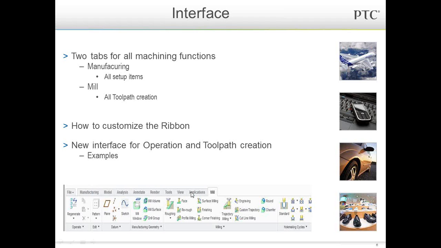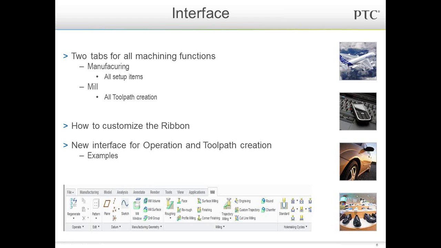And underneath those tabs will be tools specific to that tab. And when you're talking about the manufacturing side of it, you will have the Manufacturing tab, which is all of your manufacturing setup, right? So it's operation creation, tools creation outside of toolpaths, fixture setup.